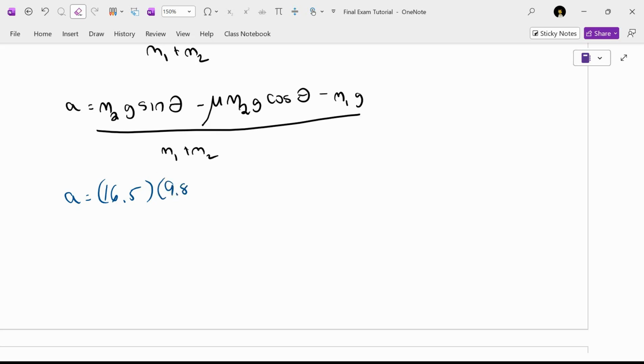G, 9.8, not negative, we took care of that with our winner minus loser. Theta was 61 degrees. Minus 0.24 times 16.5 times 9.8 cosine 61 degrees, minus, what was m1? 12, thank you.